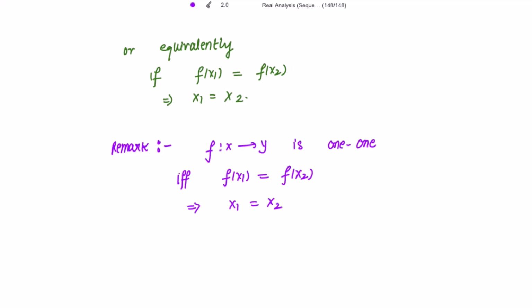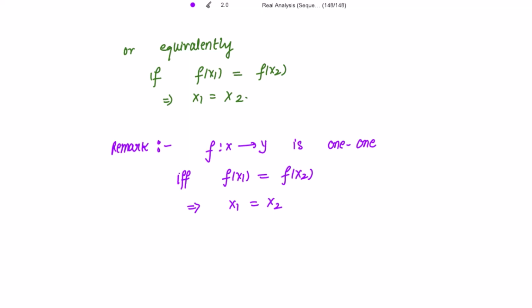Or equivalently, if f of x1 equal to f of x2 implies x1 equal to x2. Please note this is important. So the remark says f is a function from x into y is 1, 1 if and only if f of x1 equal to f of x2 implies x1 is equal to x2, right?